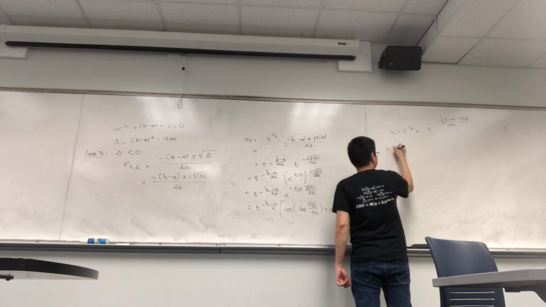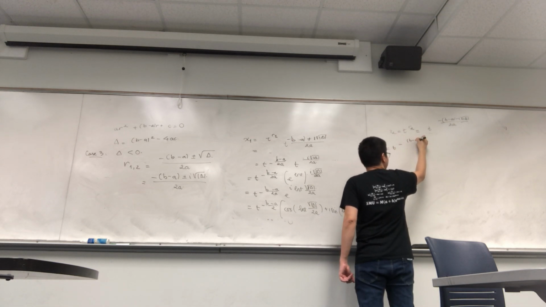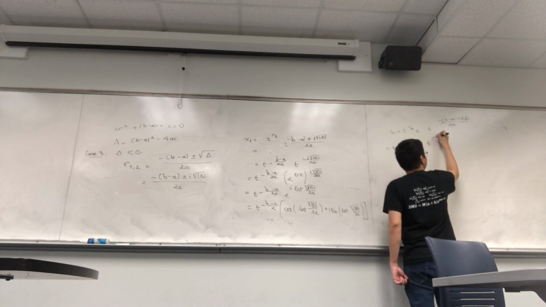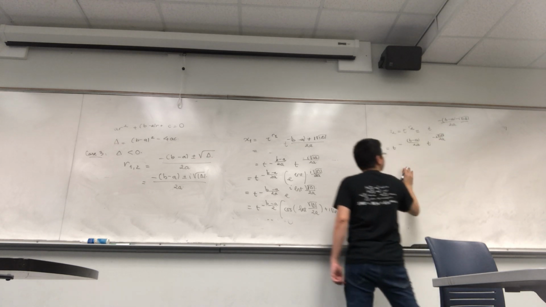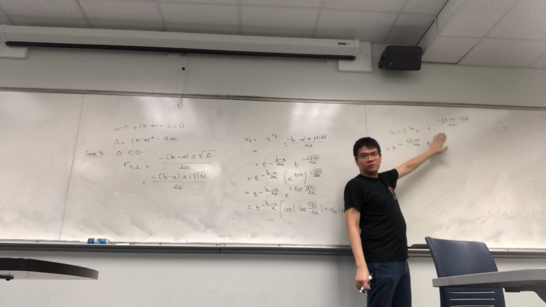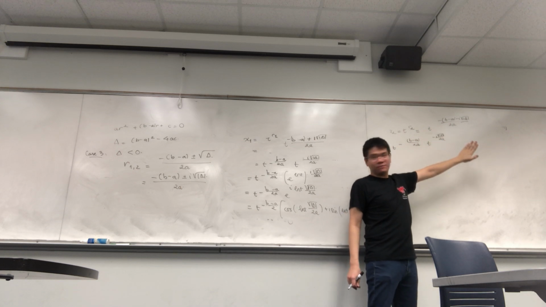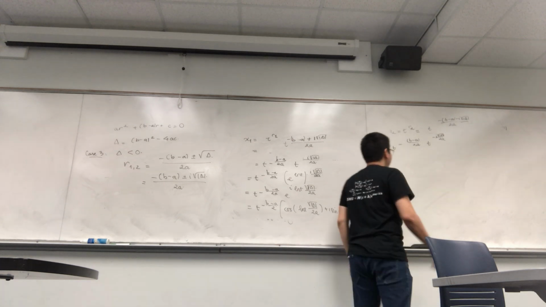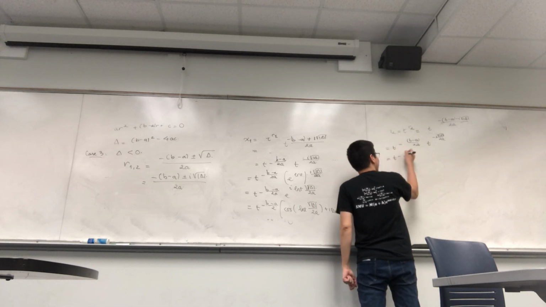So here you have t to the power minus b over 2a, and then you have t to the minus I square root of delta over 2a, right? So you do exactly like in the previous case: you split the real part and the imaginary part. The real part is this guy, and the imaginary part is this guy. For the real part, you don't do anything.